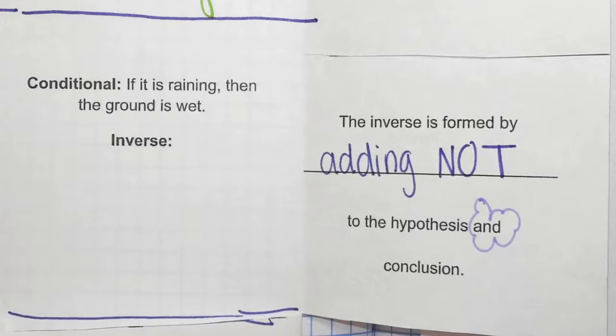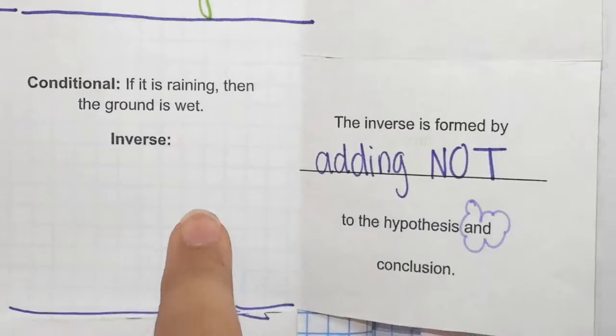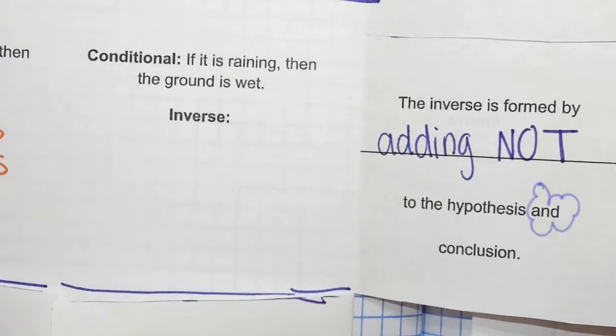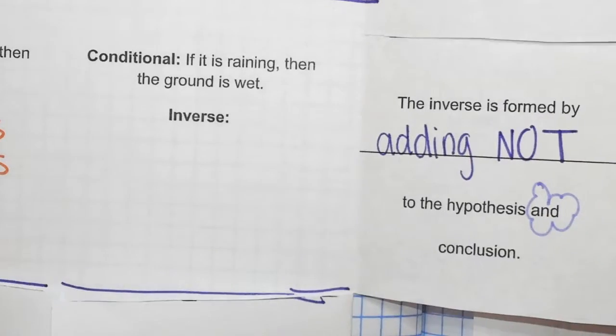So to both of them, it looks like a fat little dinosaur. So it'd be like, if it's not raining, then the ground is not wet. So the inverse of this conditional, everything stays in the same place. We don't switch them around. We just add the word not.